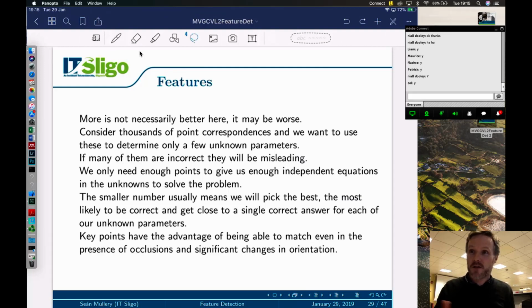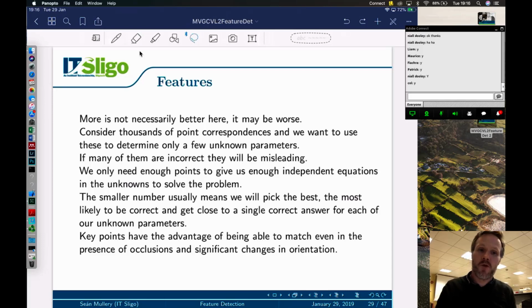If you've got 1,000 equations and all you need is to solve for 3 or 4 unknowns, then you've often got a problem, because if there's any noise in those and if any of the points are outliers, they're going to push everything out. Whereas what we really want is just enough of those points, and we want them to be as robust and correct as possible. The more we take, the more likely it is that we're going to get these outliers.